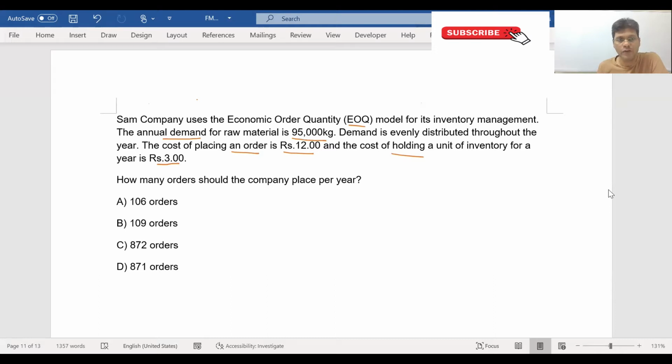So you have been asked to calculate the number of orders that should be placed in a particular year. So how do you calculate the number of orders?